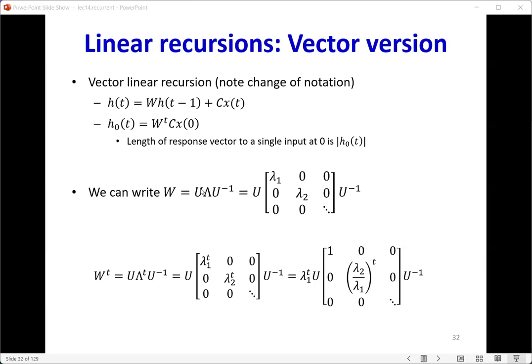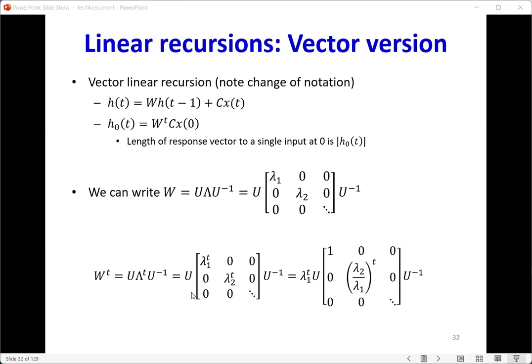What happens if I multiply W with itself? You're going to get U lambda U inverse, U lambda U inverse. The U inverse and U in the middle will cancel out. You'll end up with U lambda squared U inverse. More generally, W raised to T is simply U times lambda raised to T times U inverse.